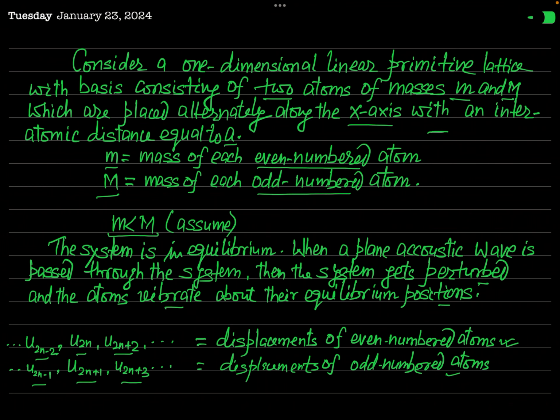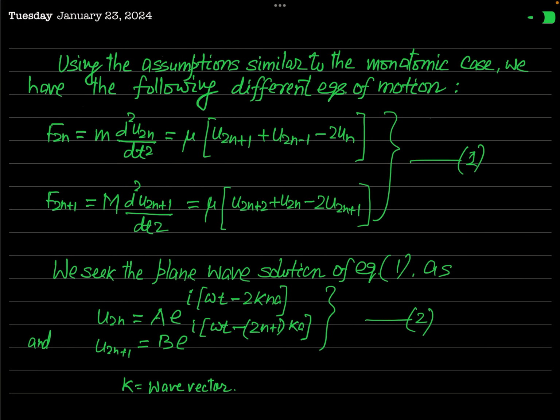Okay. Now, as I have told you, taking Hooke's law and Newton's second law of motion into account, now you can write the equation of motion of both the even numbered atoms and the odd numbered atoms. Okay. So the idea which was developed in the case of monatomic linear lattice vibration has been utilized to write these equations of motion.